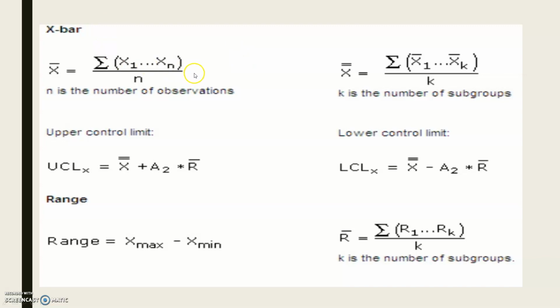N is the number of observation and X is the average. And we have upper control limit and lower control limit formula. And we also have a range that uses the maximum subtract with the minimum to get the range. We also have the R bar.